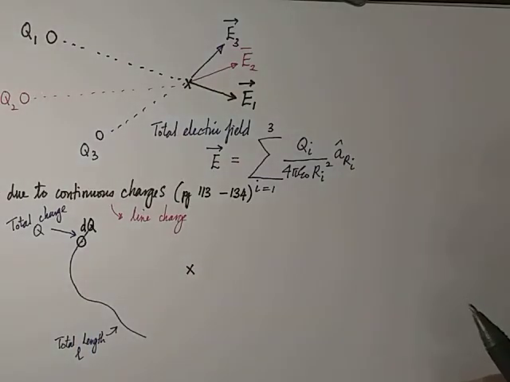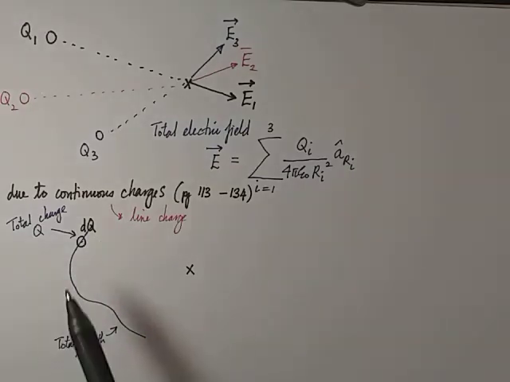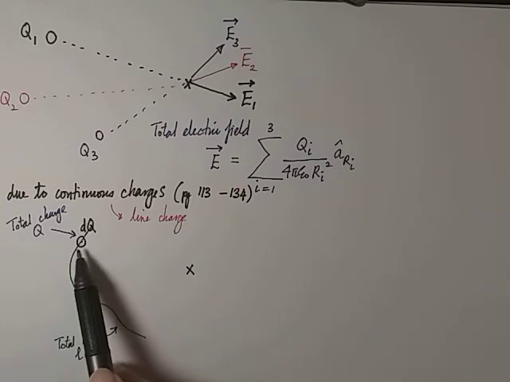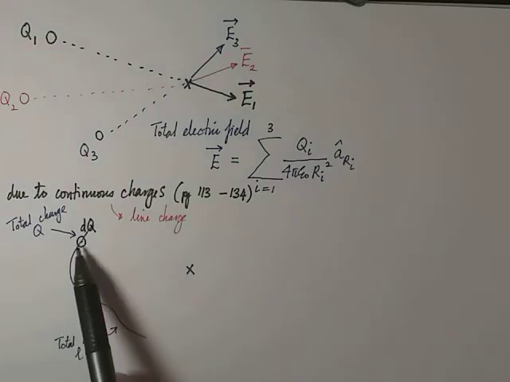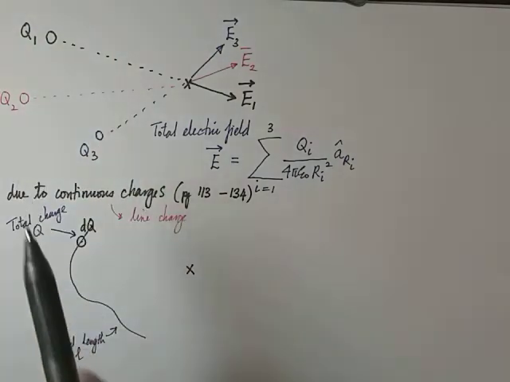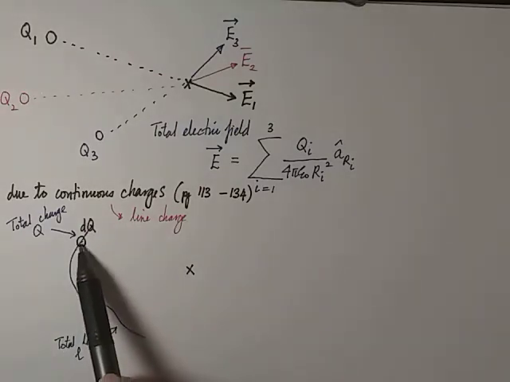So what we can see here is that the sample has magnitude dq. Can we say that this sample is actually repeating what we observe up here, which is the point charge? The sample is actually another point charge. Where is this point charge located? On the line charge. So we can assume this sample to be a point charge. The only difference is that this point charge on the sample does not have magnitude Q, but a small amount of magnitude which we define to be dq.